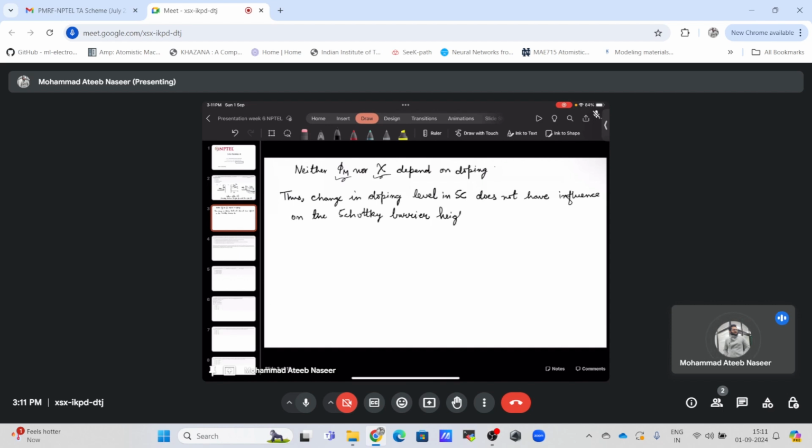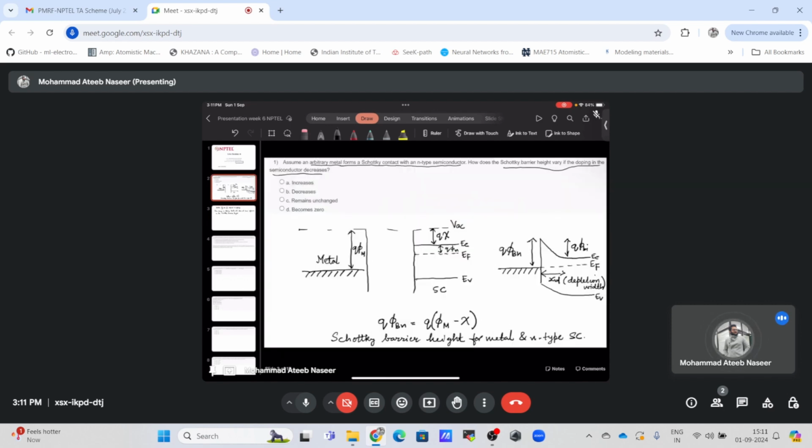I hope it's clear. As a result, the Schottky barrier height will remain unchanged whenever we change the doping.